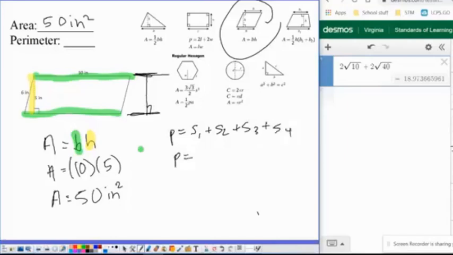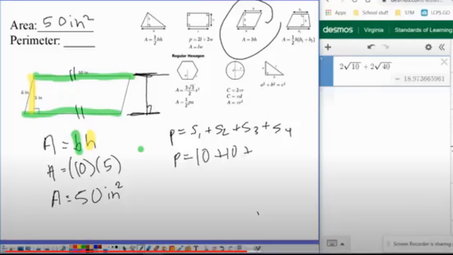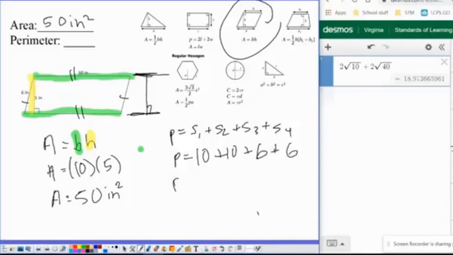We're going to add all of those together. Okay, so the top and bottom are congruent. So I'm going to take those 2 10s, and then the left and right sides are congruent, and I'm going to take those 2 6s. Okay, so 10 plus 10 is 20, and 6 plus 6 is 12, and together that makes 32. So the perimeter is 32 inches all the way around the shape.